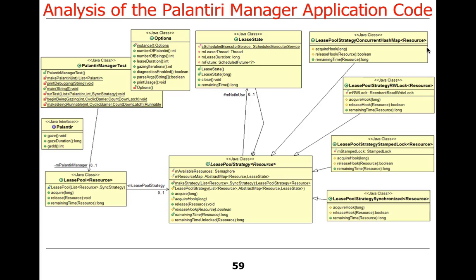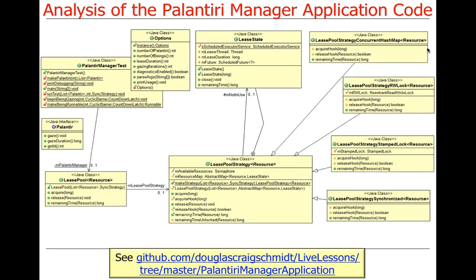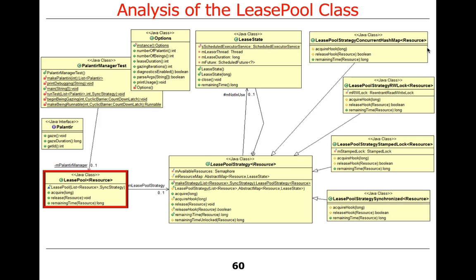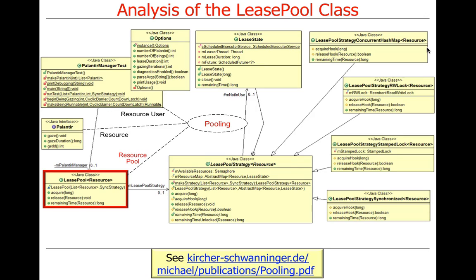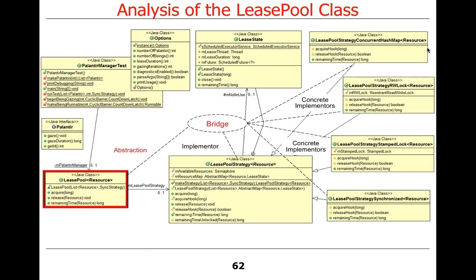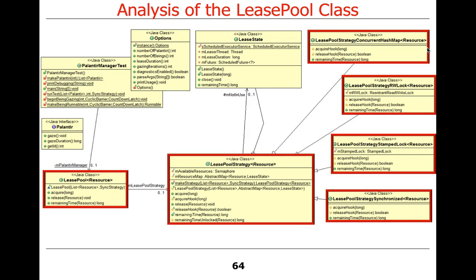All right, so let's go ahead and take a look at the code. You can download the code here. We're going to start by taking a look at the LeasePool abstraction, which implements the resource pool of the pooling pattern, and also implements the abstraction for the bridge pattern. And you'll get a chance to see more about that.